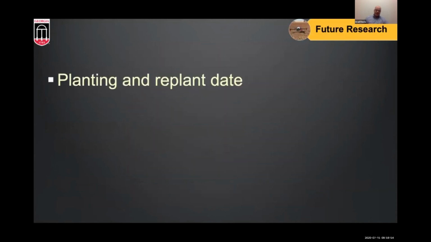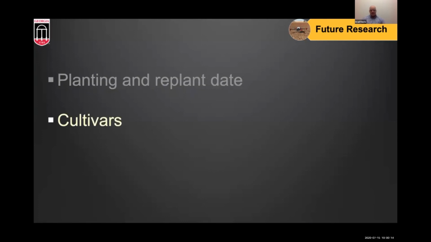I would like to see what effect planting date would have if we planted at different dates. Would it affect the TSWV incidence if it was planted earlier than the date we planted, or later, as well as replant date within each of those planting scenarios?